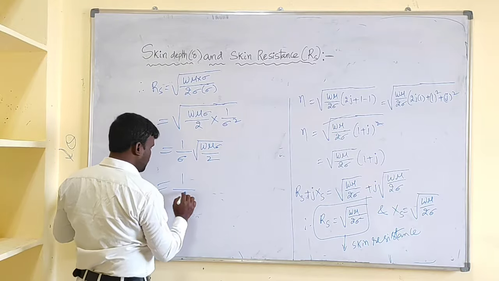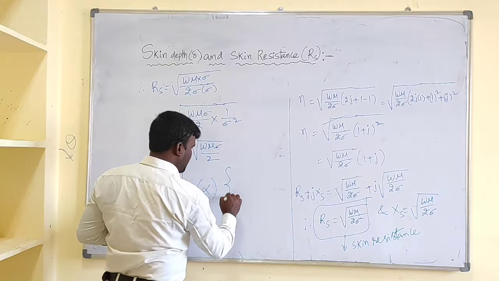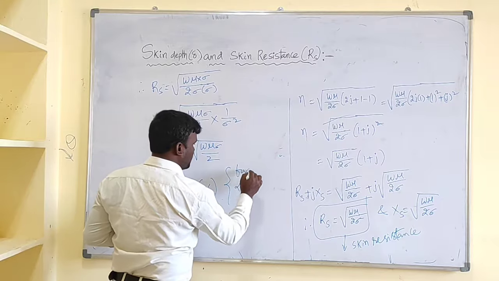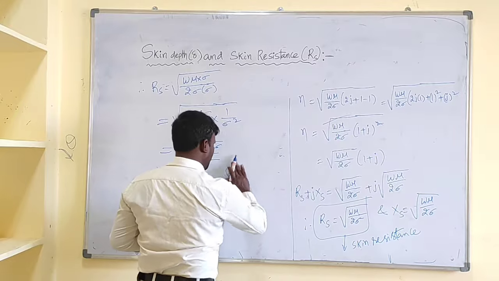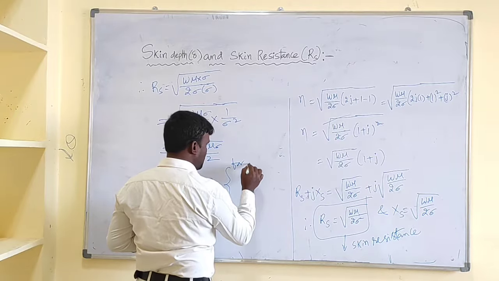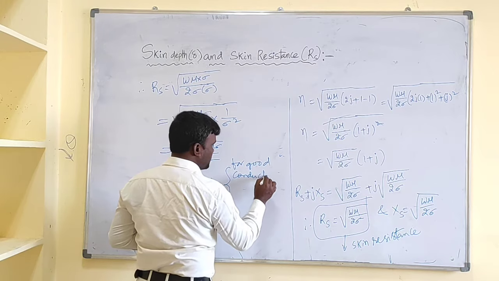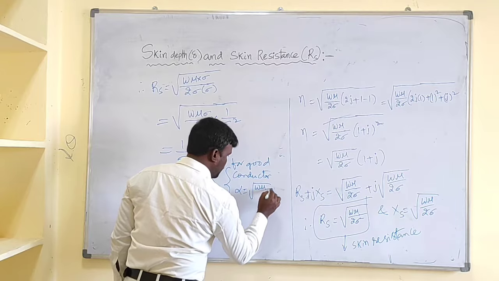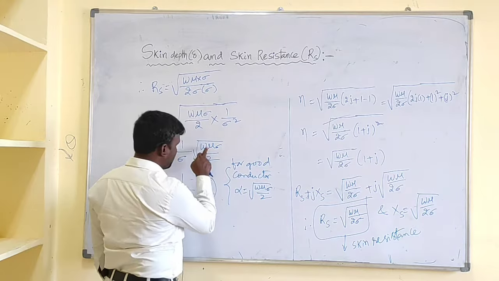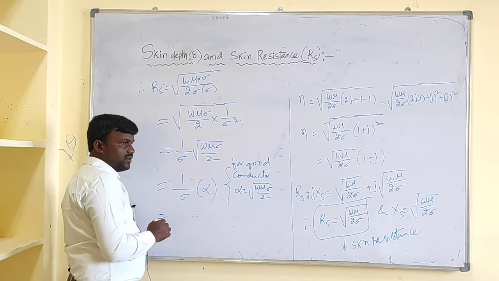It is nothing but 1 by sigma into alpha, since for a good conductor, the expression for alpha is alpha equal to the square root of omega mu sigma by 2. So here we have the square root of omega mu sigma by 2, that is alpha. Since delta equal to 1 by alpha, alpha equals 1 by delta.